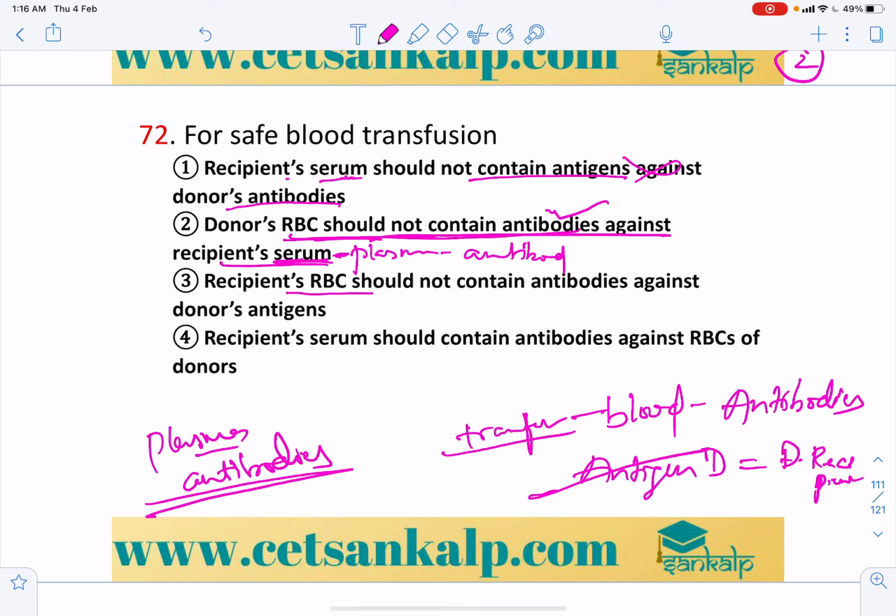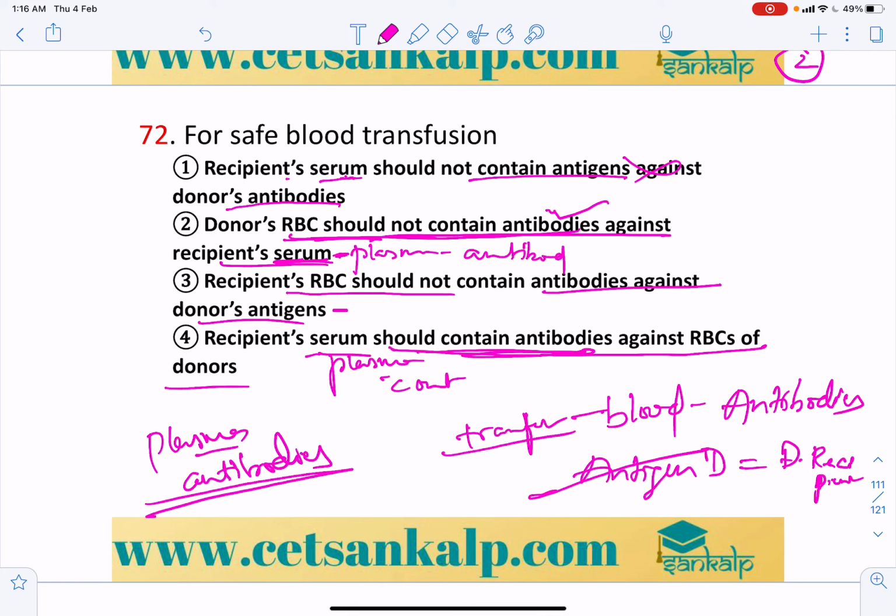Right. Next, recipient RBC should not contain antibodies against the donor. Antigens. Recipient serum should not contain antibodies against RBCs of donor. Correct, right? That is antibodies. So whenever we're going to say that, there should not be serum plasma with antibodies against the RBCs of donor.